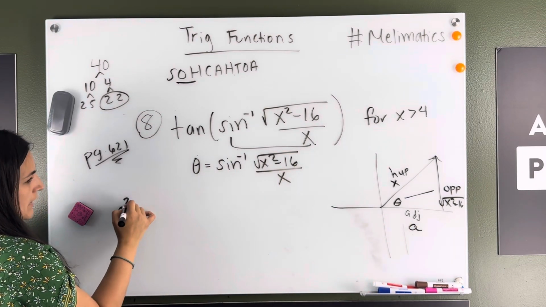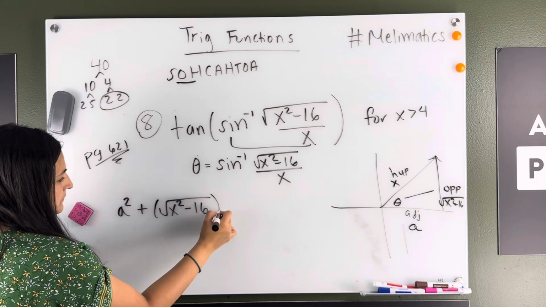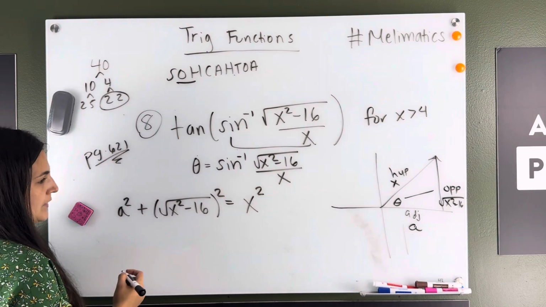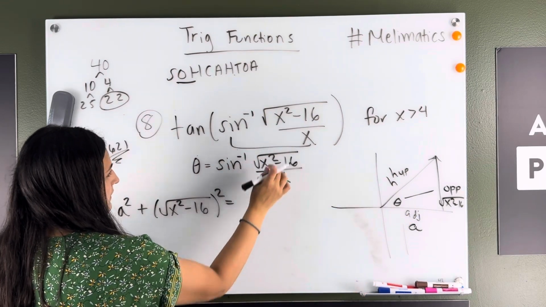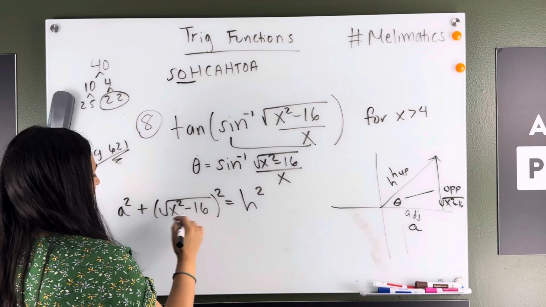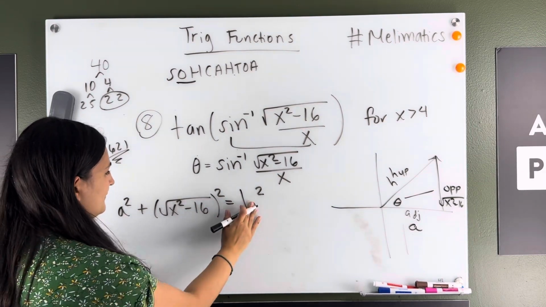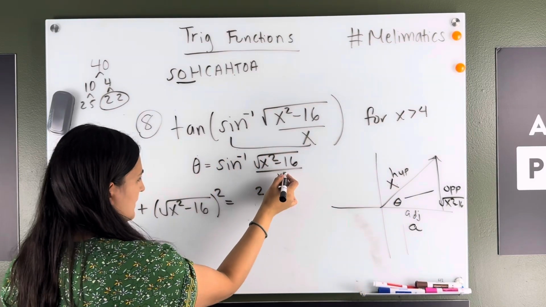So it's going to be one leg squared plus the other leg squared equals the hypotenuse squared. And let h be the hypotenuse, so we're not getting confused with this x. And now solve. Okay, so, oh, what am I saying? This is supposed to be the same x because it's the denominator.